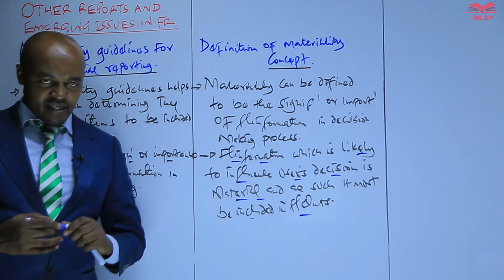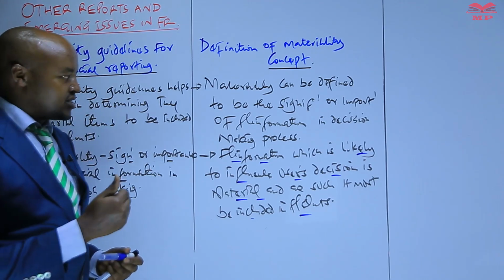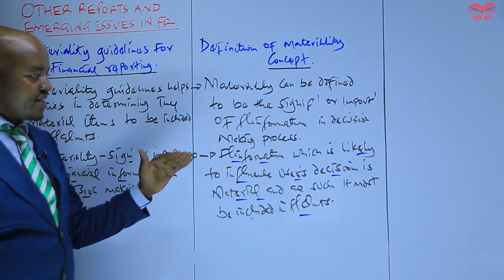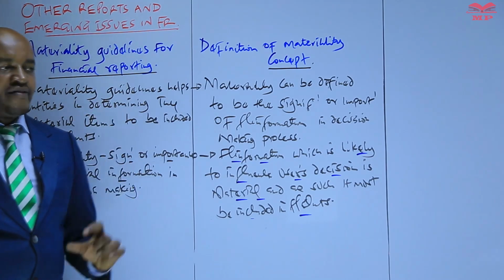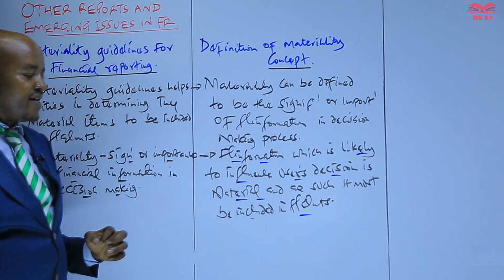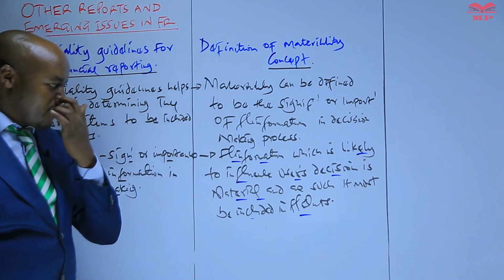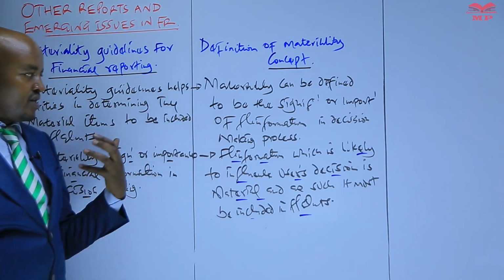Otherwise, if the company prepares financial statements and such material information is omitted, then we can say that these financial statements are misleading because they do not contain information which is material.